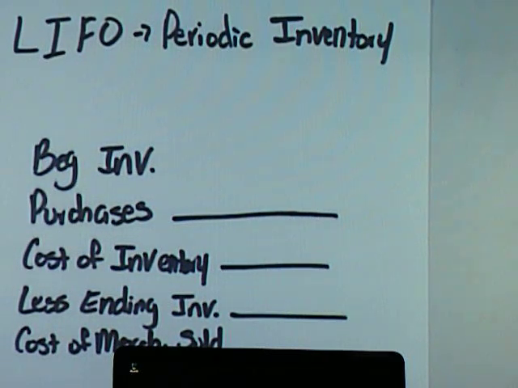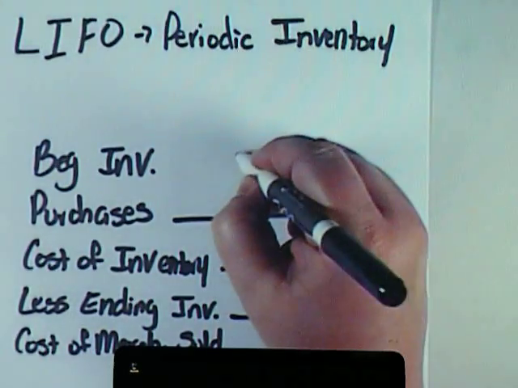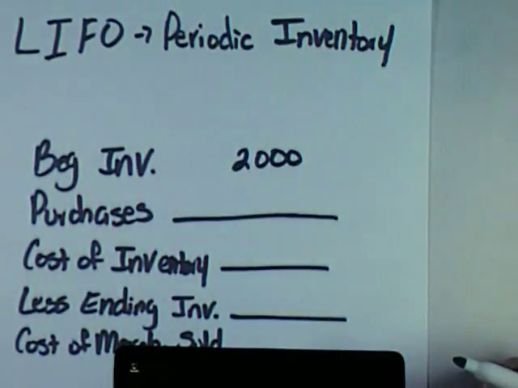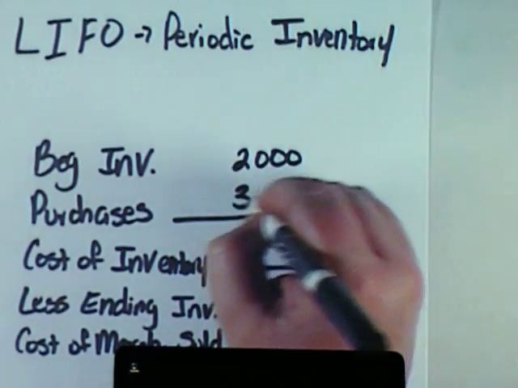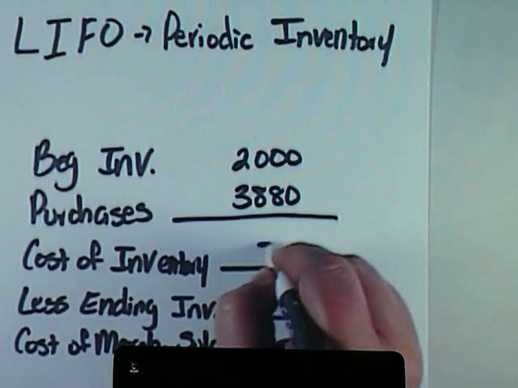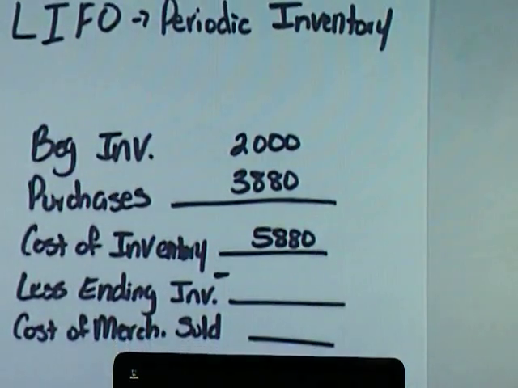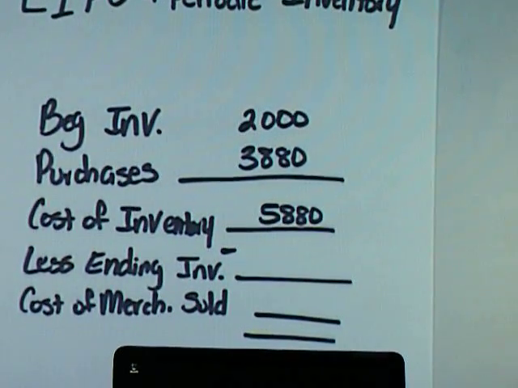Same information. I'm on page 321 now, Exhibit 6. Follow along in your book. Same purchases, same everything. Our beginning inventory was $2,000. Our purchases were still $3,880 for total cost of inventory of $5,880. We're going to take away our ending inventory. And in this particular case, our ending inventory actually ended up being a little different.